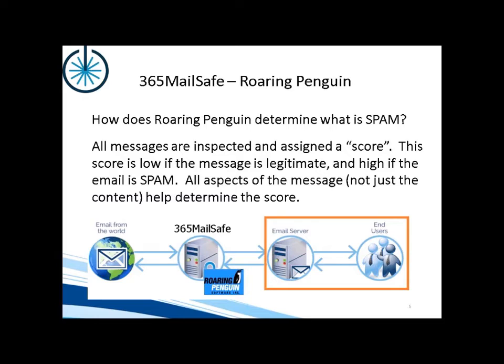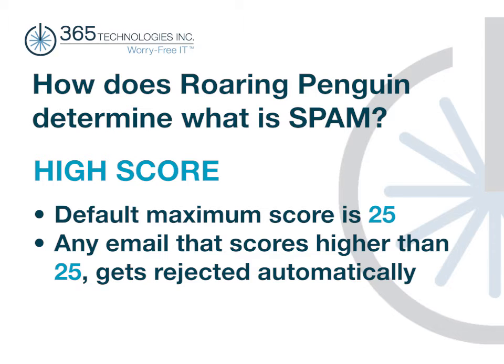We'll go into that when we see it in a second. As per the slide, all messages are inspected and assigned a score. This score is low if the message is legitimate and high if the email is spam. All aspects of the message, not just the content, help determine the score. So here we can see that the default maximum score is 25. Any email that scores higher than 25 gets rejected automatically.